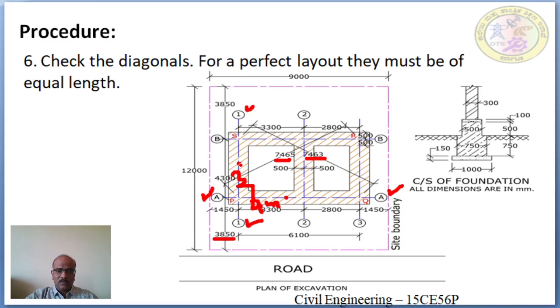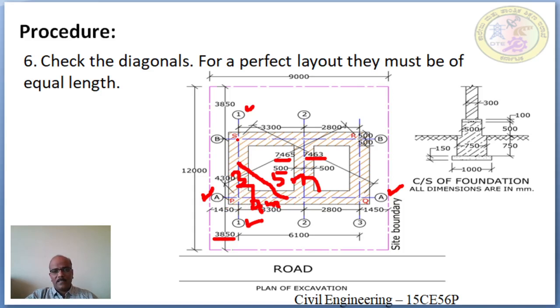Then the diagonal connecting these 2 points is checked. This diagonal should be 5 meter. This ensures that the corner P is at right angle.